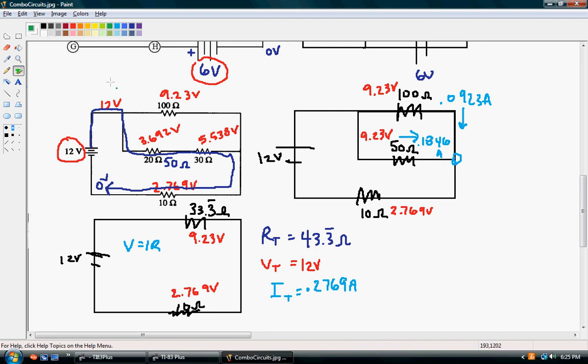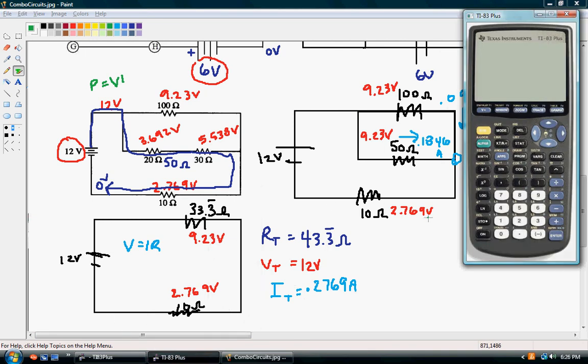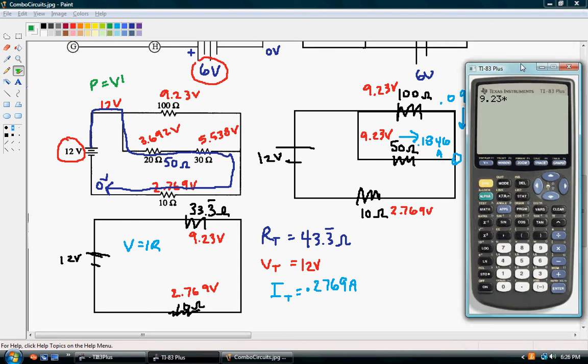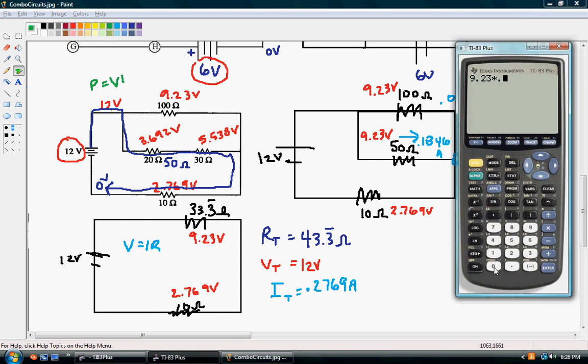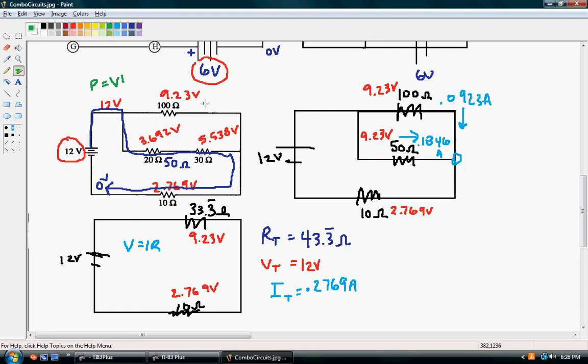Alright, we can find the power that was generated by taking our voltage and multiplying by the current. So the voltage for the 100 ohm resistor was 9.23 times its current, which was 0.0923, and we get 0.852 watts.